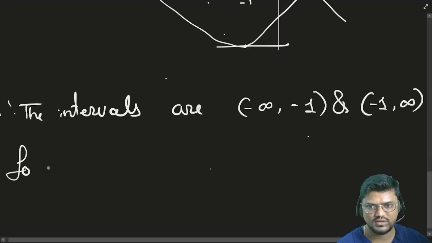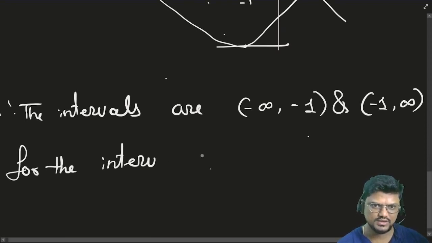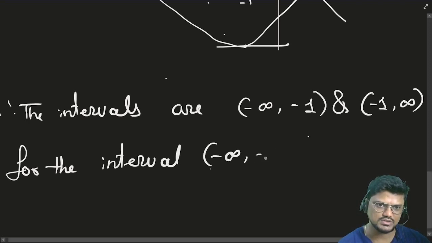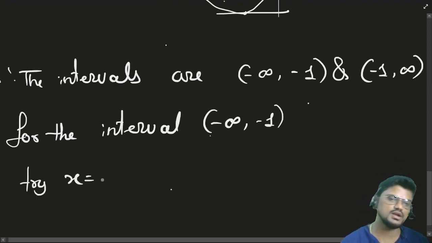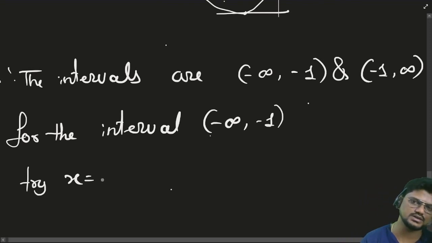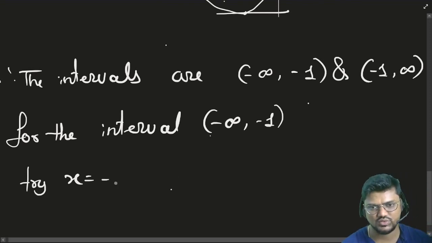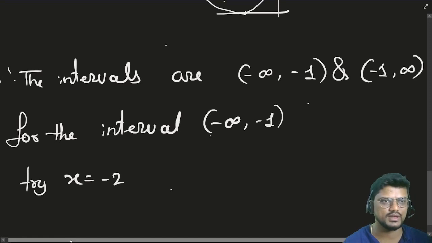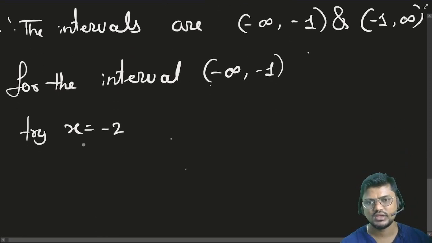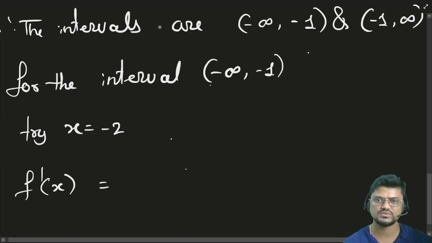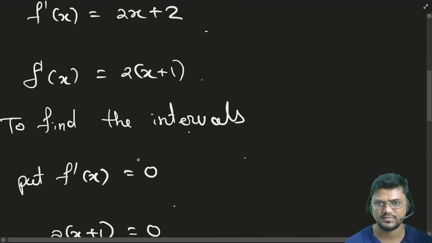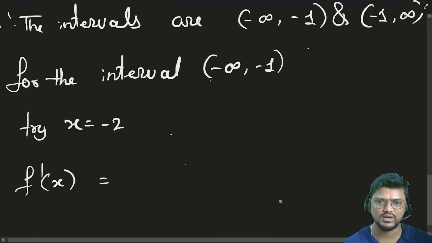For the interval minus infinity to minus 1, you can take any value between minus infinity and minus 1. We'll try x equals minus 2. You can also take minus 3, minus 4, anything is fine. What is my f dash of x? f dash of x equals 2 into x plus 1.